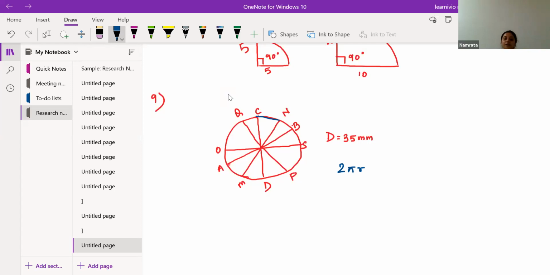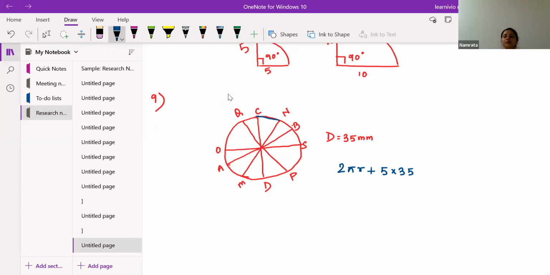Do you agree with that? Yes, ma'am. And then apart from this, you are also using wire to make 5 diameters. So 5 times diameter is the total length of the wire that you are using extra, right?